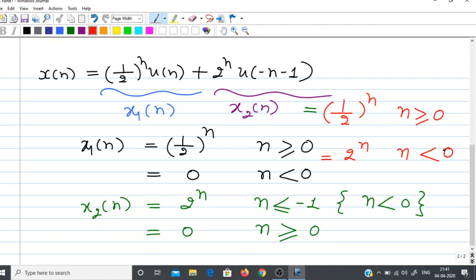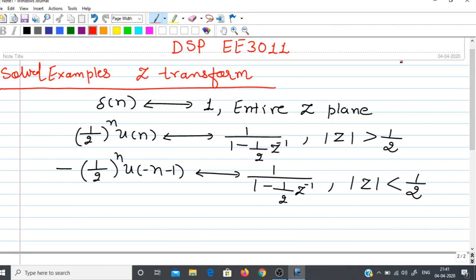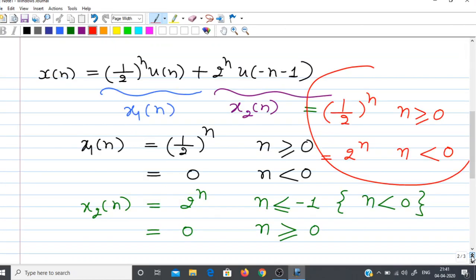So this is the piecewise representation for x[n].